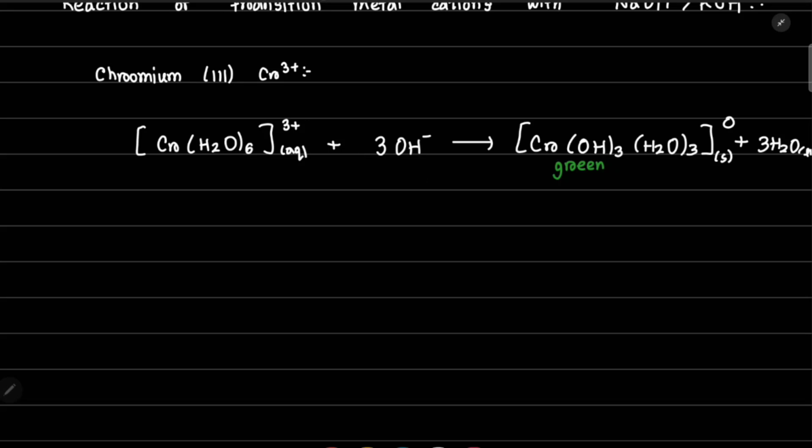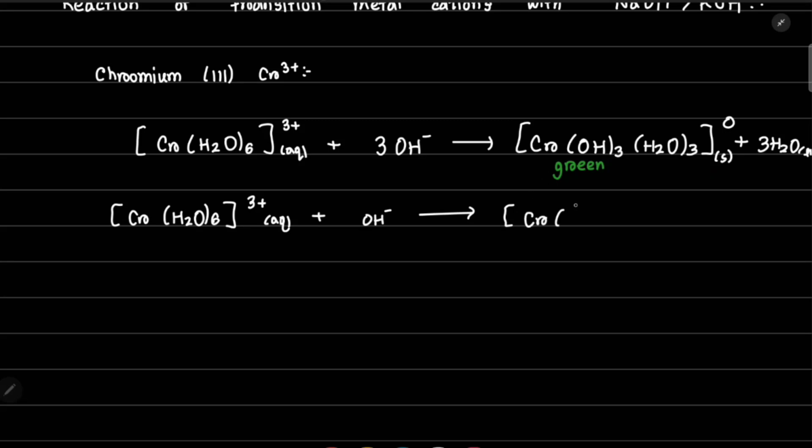If I have excess OH minus, this will react with further OH minus. So if I want to write the overall equation, this will be Cr(H2O)6 3+ plus OH minus. Now the 3 water will also be replaced with OH.